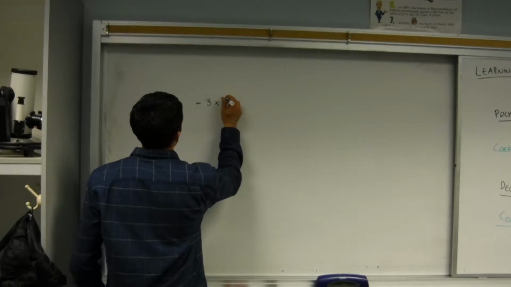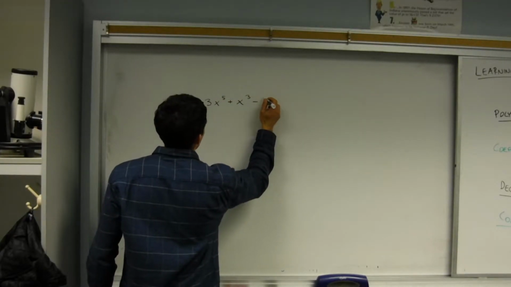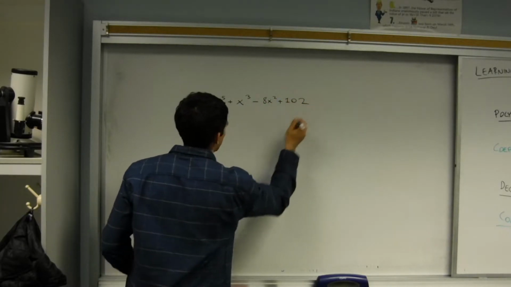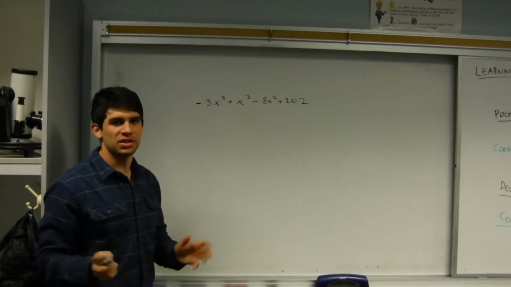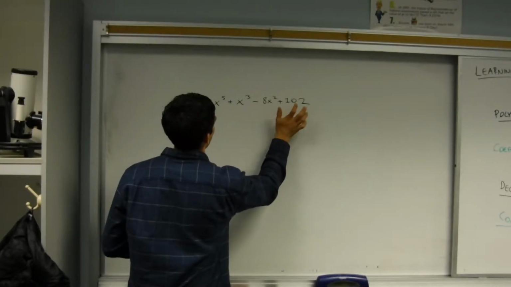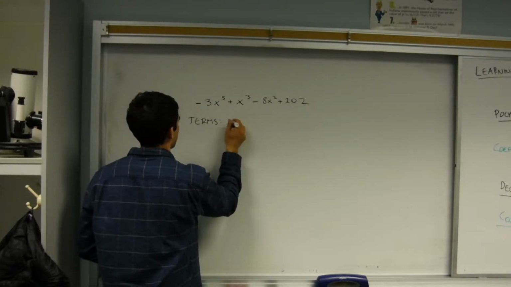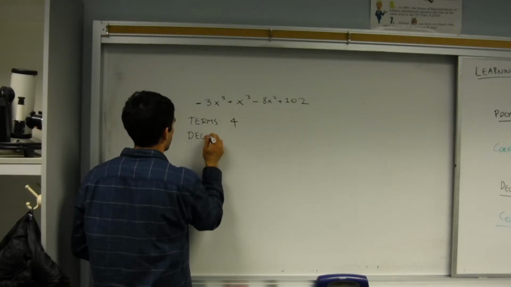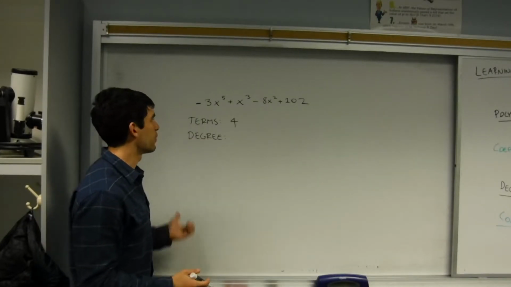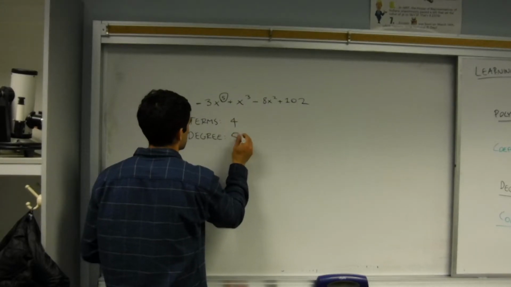Suppose we have negative 3x to the 5th plus 4x cubed minus 8x squared plus 102. How many terms are in this expression? We have 1, 2, 3, 4. So terms would be 4. What's our degree? Again, for our degree, we want to look at what the highest exponent is. And that would be 5. So our degree is 5.